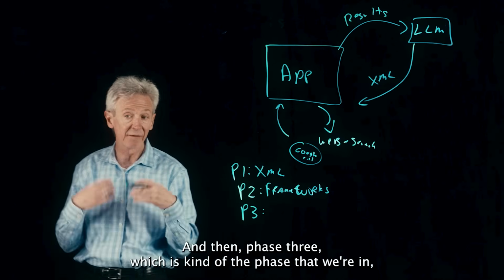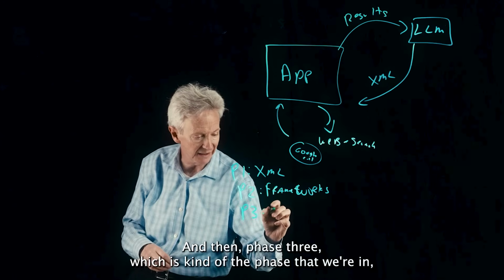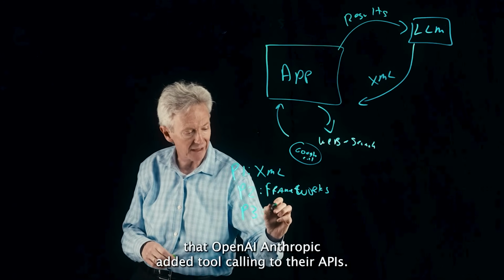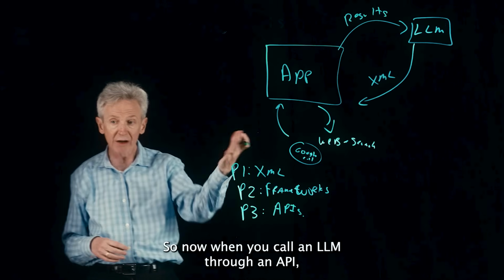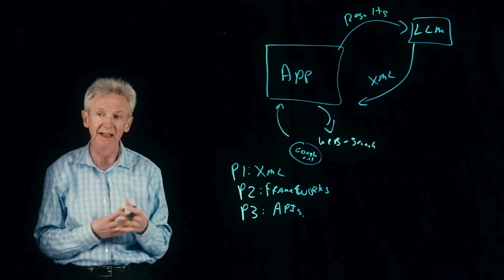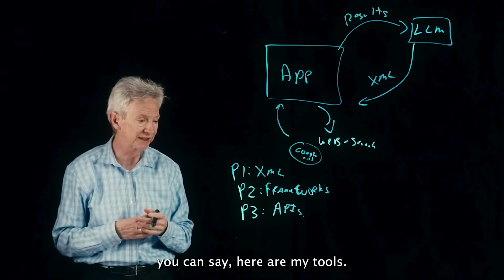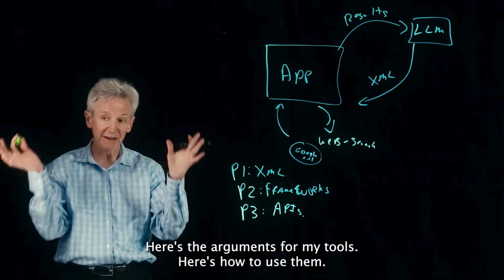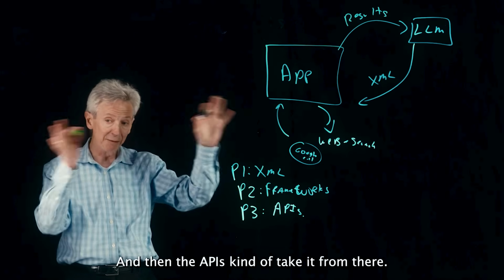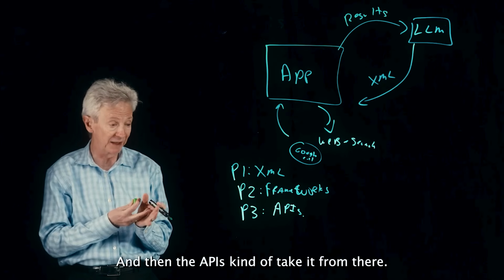And then phase three, which is kind of the phase that we're in, that OpenAI, Anthropic added tool calling to their APIs. So now when you call an LLM through an API, you can say, here are my tools. Here's the format that I would like. Here's the arguments for my tools. Here's how to use them. And then the APIs kind of take it from there.